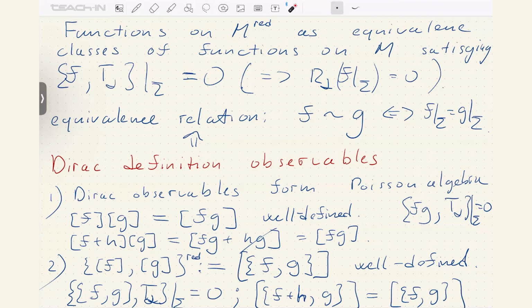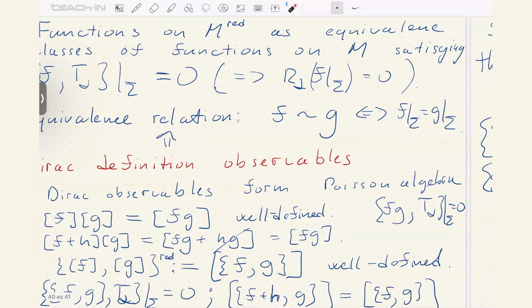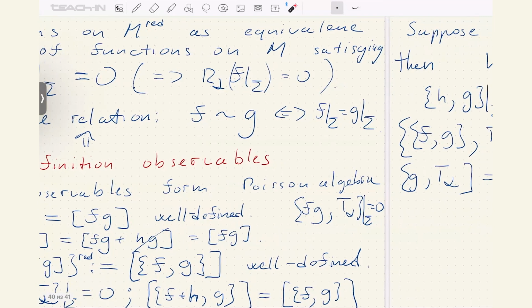So we get a Poisson bracket here, and we can also write evolution.